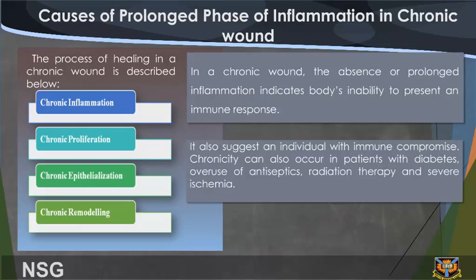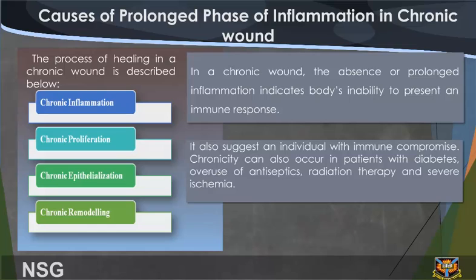Causes of prolonged phase of inflammation in chronic wound. The process of healing in a chronic wound is described below. Chronic inflammation, chronic proliferation, chronic epithelialization, chronic remodeling.